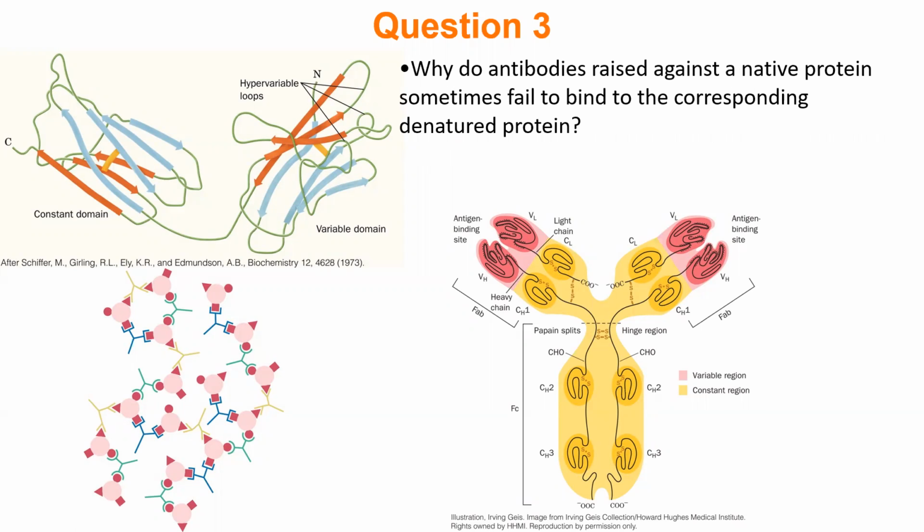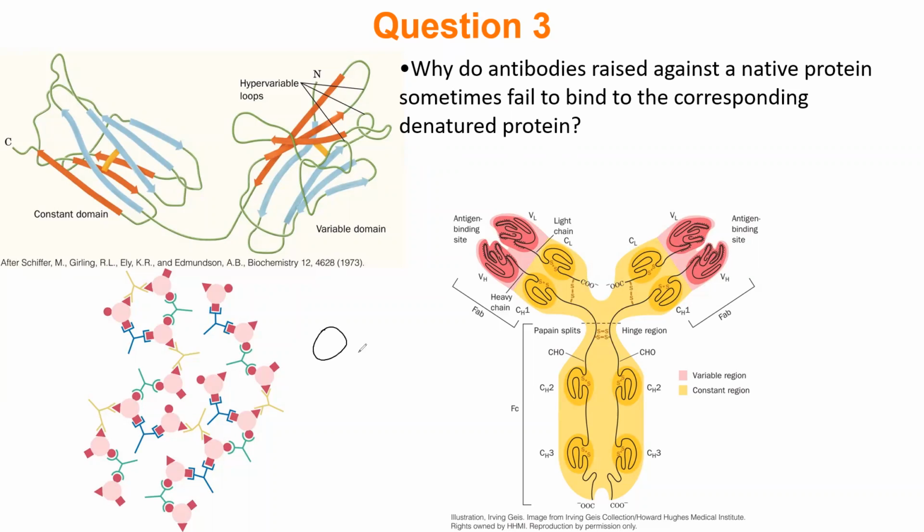So here's a good thought-provoking question. If I make an antibody and have that antibody recognize a folded protein, why is it possible for that antibody not to bind the denatured protein? Let me draw a picture in case you're having a hard time imagining that.